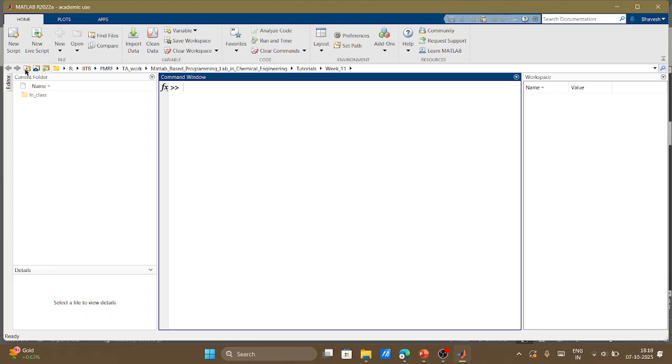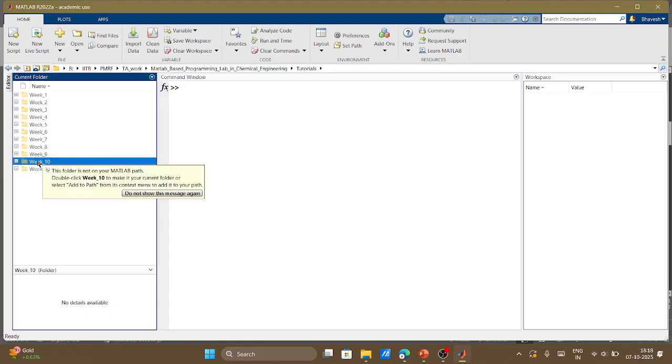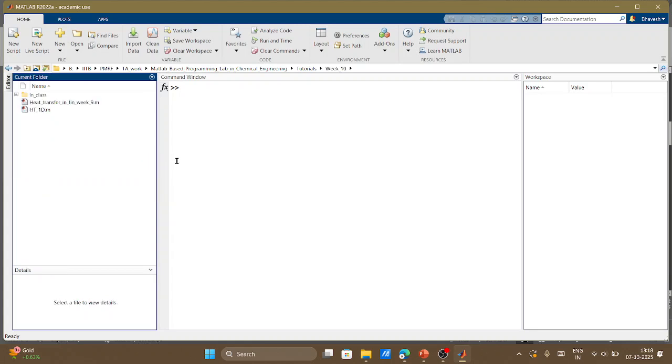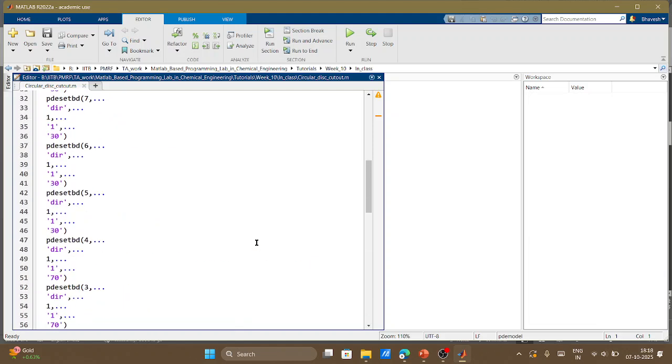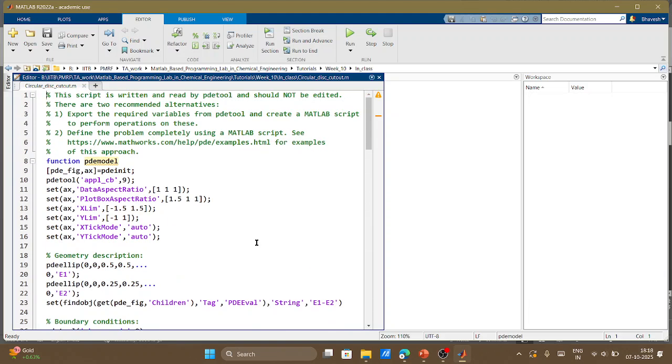So if you recall, let's consider an example from the last class. Let's look at this example where we were looking at the cross sectional area of shell and tube heat exchangers, specifically the tube part, where outside you have a hot fluid and inside you have a cold fluid.